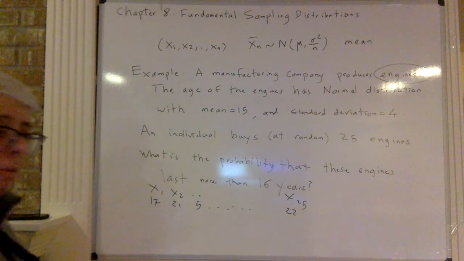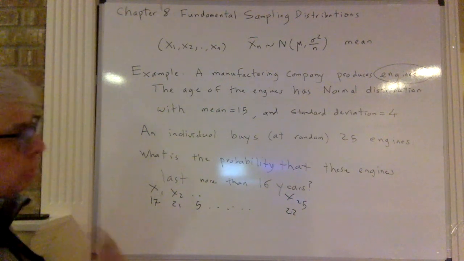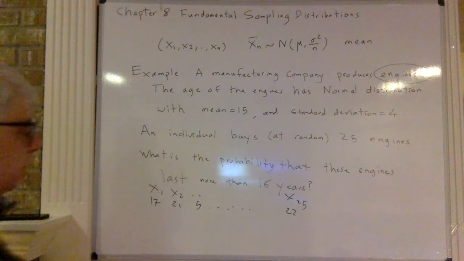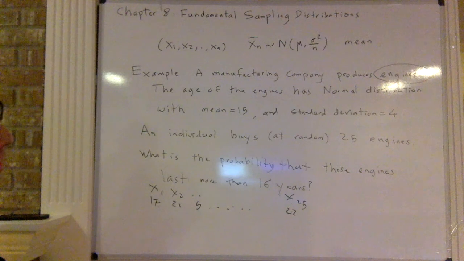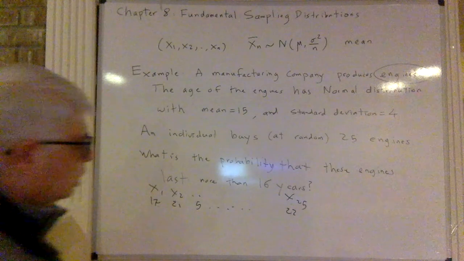This is like that. So we want to predict something. We want to predict and see whether the average of the ages of these, which we don't know, is bigger than 16.